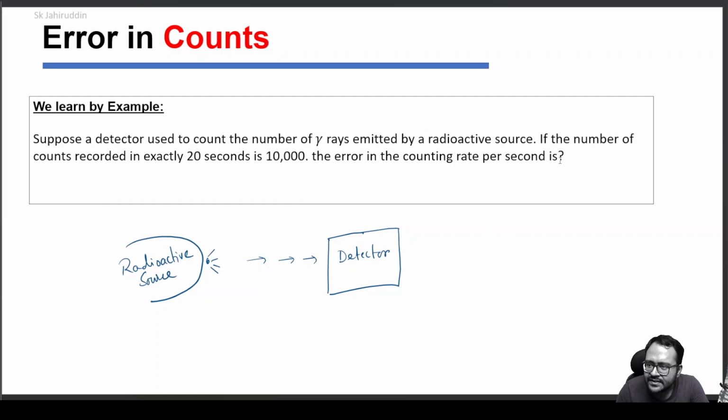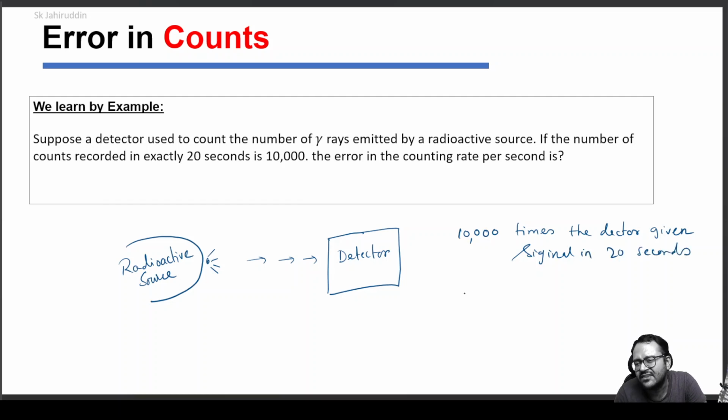If the number of counts recorded in exactly 20 seconds is 10,000. So 10,000 times the detector gave a signal in 20 seconds.